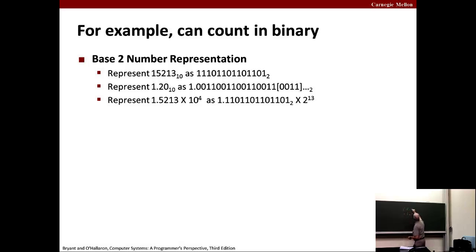As you go to the right, the weights are 2 to the minus 1, 2 to the minus 2. In other words, this is 1, this is 2, this is 1/2, and this is 1/4. Just like the decimal representation of fractions, we can do the binary representation of fractions, and that's the core of floating point number representations.